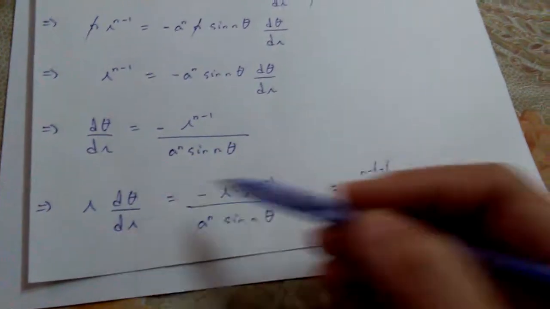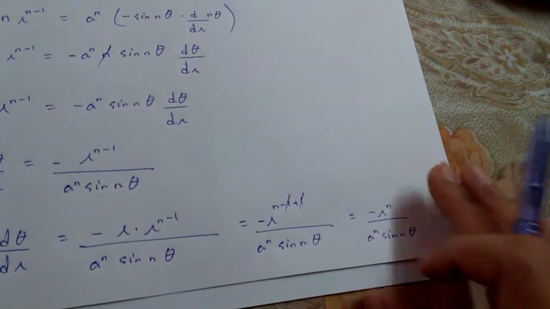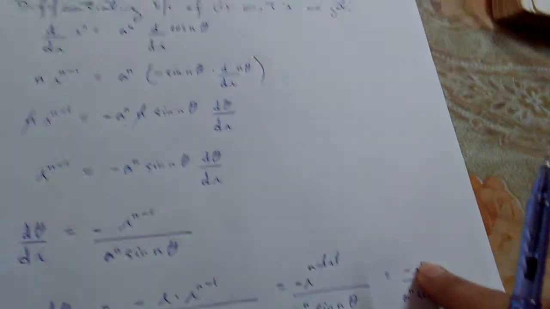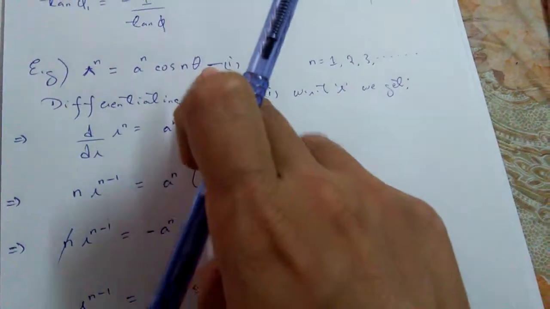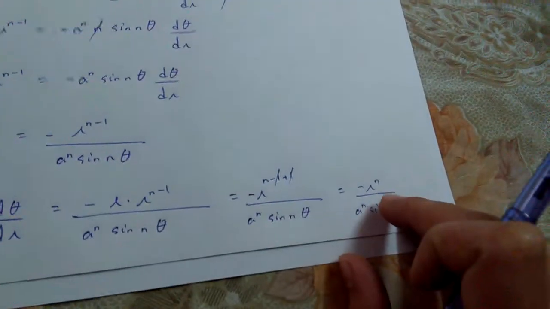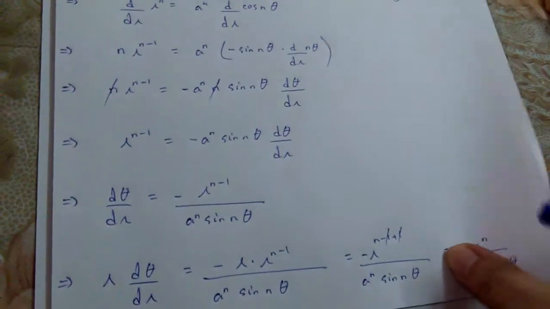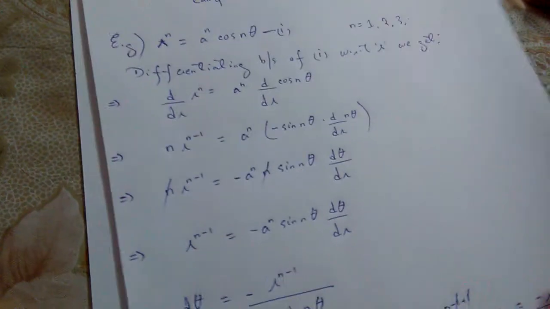So this thing is equal to this. Now you see here, in place of r to the n, how about if I substitute this value? The r to the n is equal to this, so I'm going to substitute it at this place just to simplify my expression.